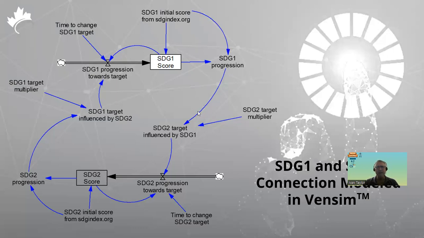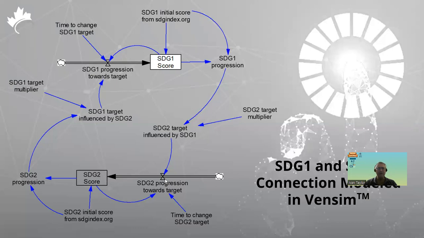And then this is connected to the target that's set by the government for SDG 2. As we showed in the previous matrix of connections, this SDG's progression may enhance the target if it's positive, or it may inhibit the target if it's negative.